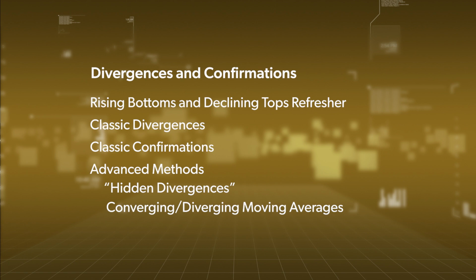And when those two diverged, obviously that's your divergence and your classical confirmation, when you're confirming the trend or confirming the momentum, whatever indicator it is, confirming the volume. You want to look for those declining tops and rising bottoms on the indicator to match, to make that a confirmation. And then we looked at a couple of advanced methods, which are those hidden divergences.